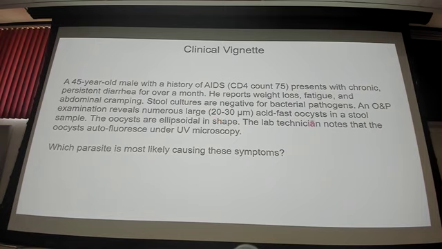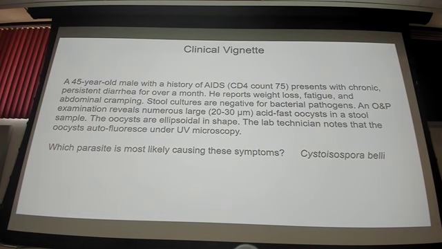They're ellipsoidal in shape, and they autofluoresce under UV. It's like every hint under the sun. What do you think? Cystoisospora belli, the one that is kind of the hardest one to describe. This is also considered the least clinically relevant, with the fewest number of cases.